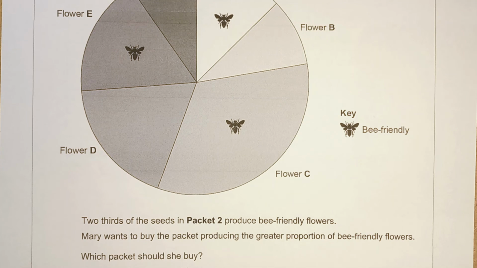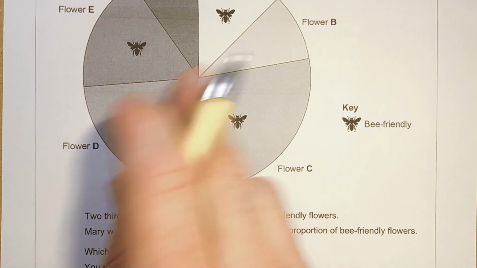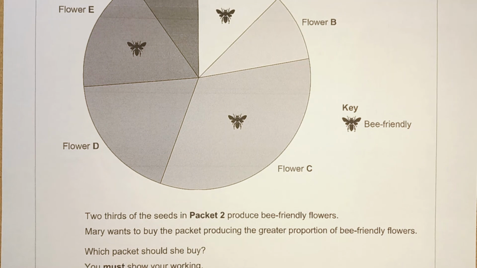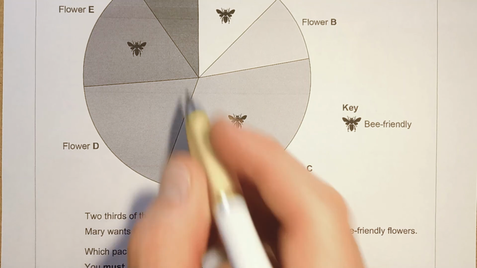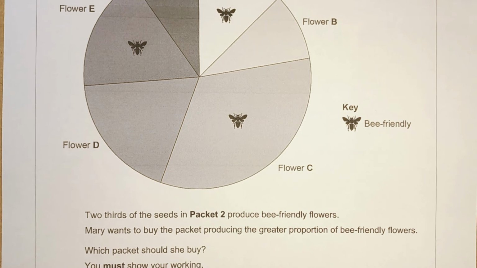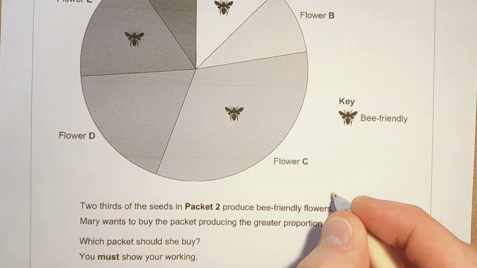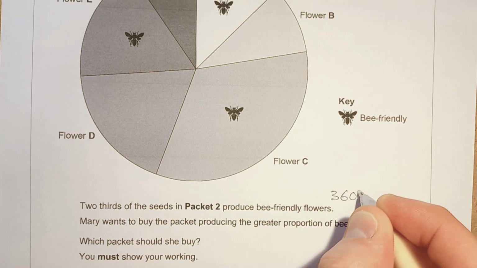Right, so we know that 2/3 of the seeds in packet 2 are bee-friendly. We've got to compare it with how much of packet 1 are bee-friendly. And what we can do is think about our angles here, our degrees. I'm going to start off by thinking about packet 2, because I know that we've got 360 degrees in a circle.